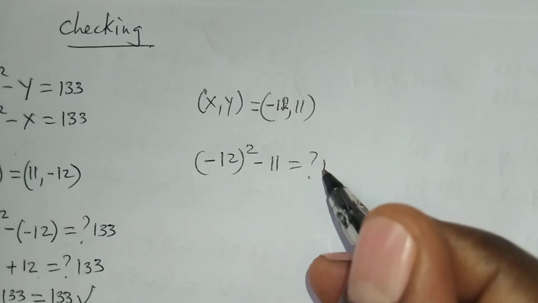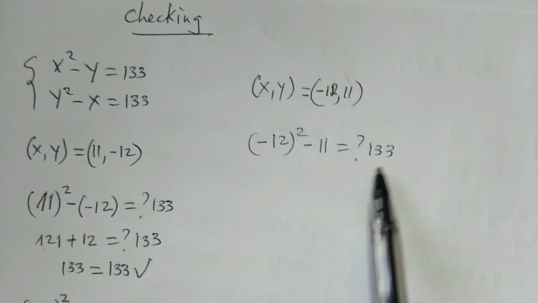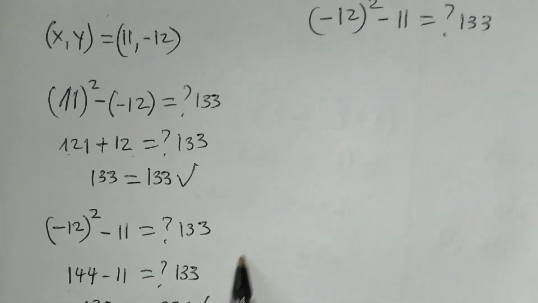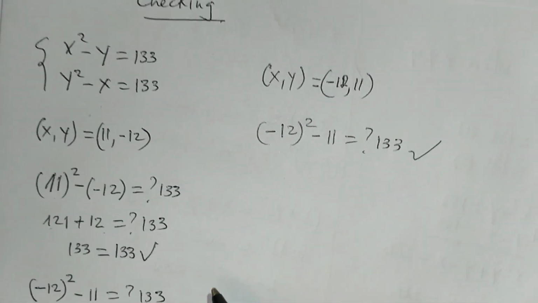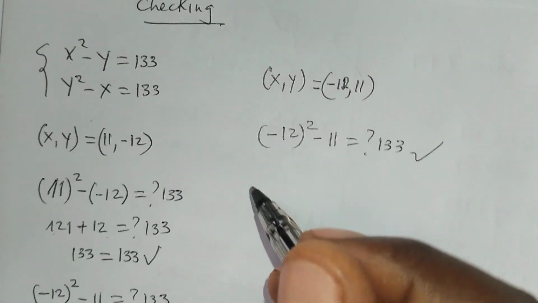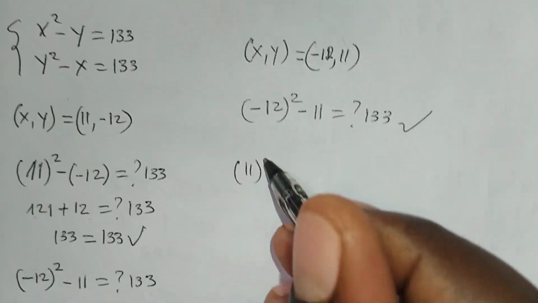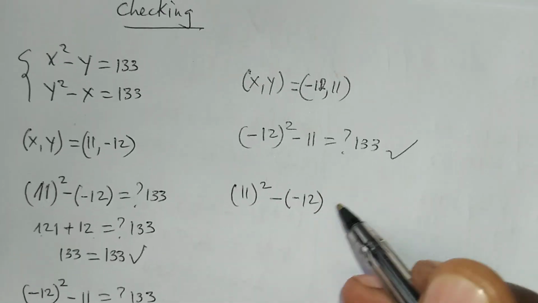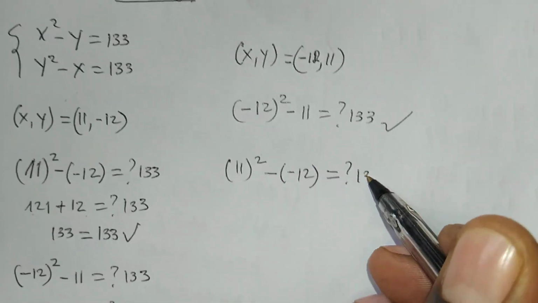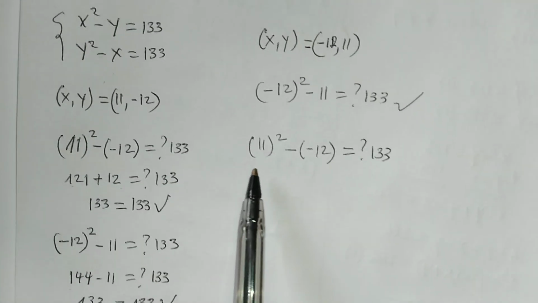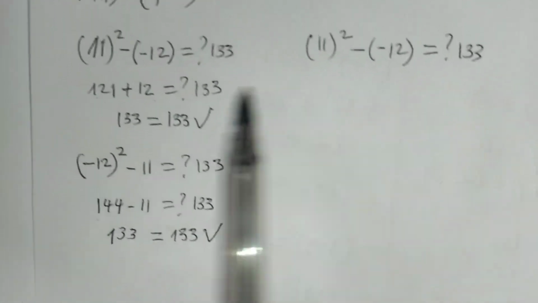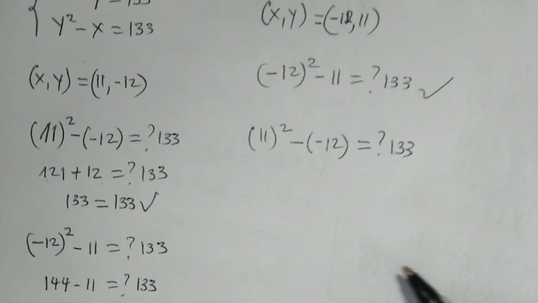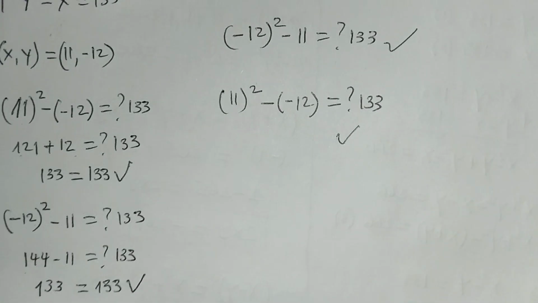Is it equal to 133? This is the same as the previous one. This is true. And from this one, 11 square minus y, negative 12, is it equal to 133? This also is the same as this one. We have checked, so the solutions are correct.